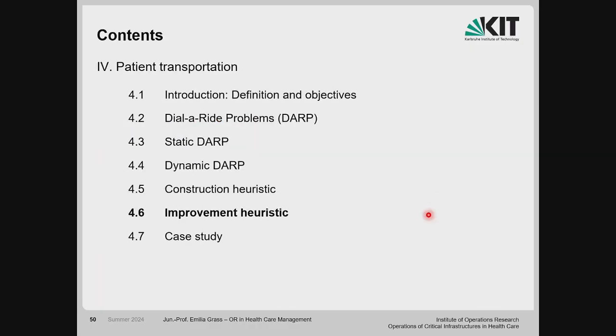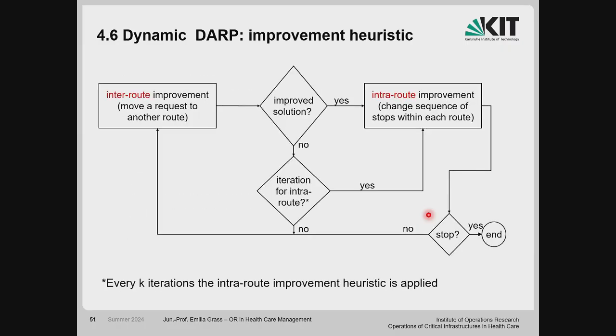So now we have some kind of feasible routes and schedules, and if we have time, if we don't get a new request in between, we could improve our routes. This is based on the following algorithm. First of all we do an inter-route improvement.